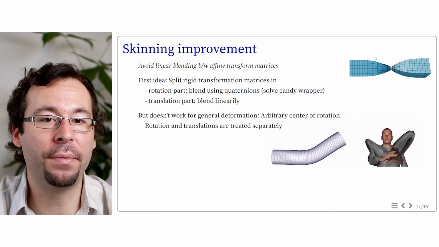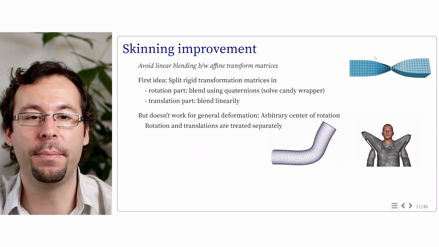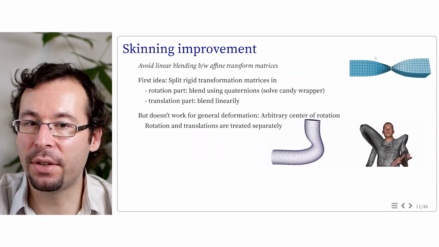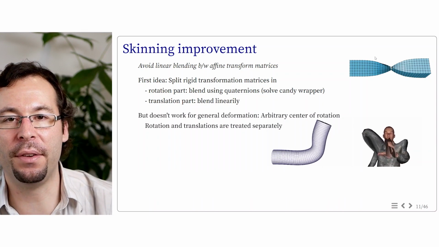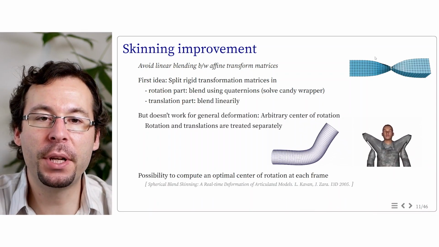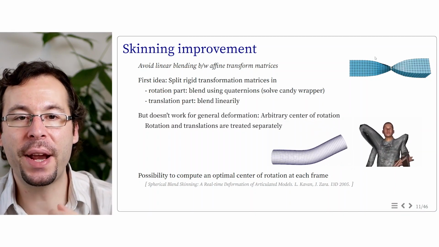Remember that this center of rotation is actually linked to both the rotation part and the translation part. And then you can have this type of result that looks much worse actually than linear blend skinning if you apply this interpolation.